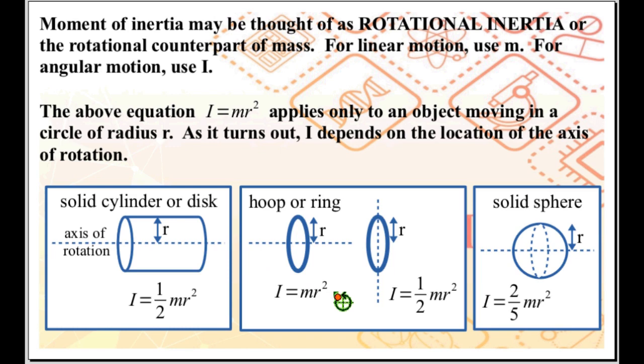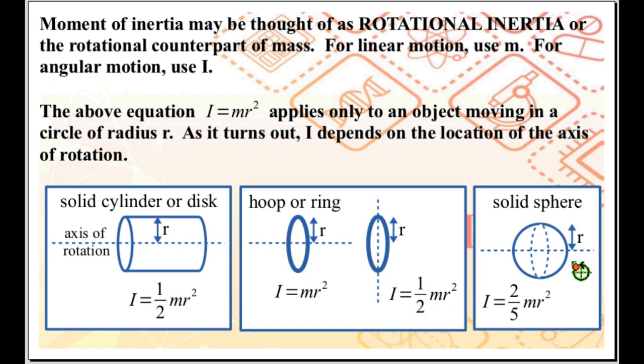On the other hand, if the axis of rotation is lying along the diameter of the ring or hoop, the moment of inertia is different. Same ring but different orientation of the axis of rotation, you have a different moment of inertia: 1/2 mr squared.